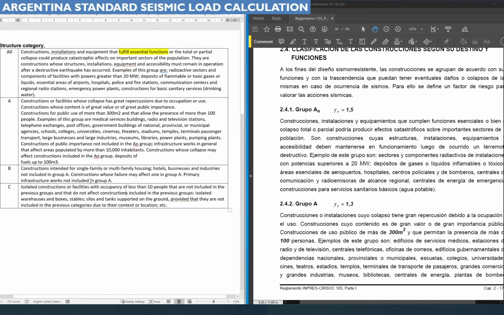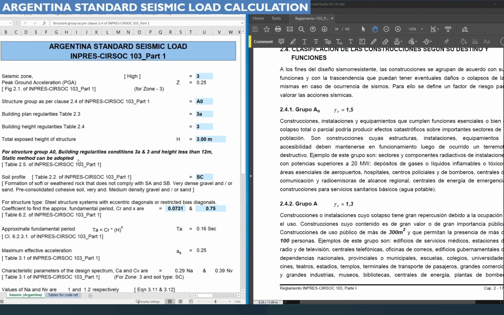So we are able to understand the structure category from this standard, and we consider our structure category as A0 for our calculation, which is essential functions. So here I have considered the structure category as A0.